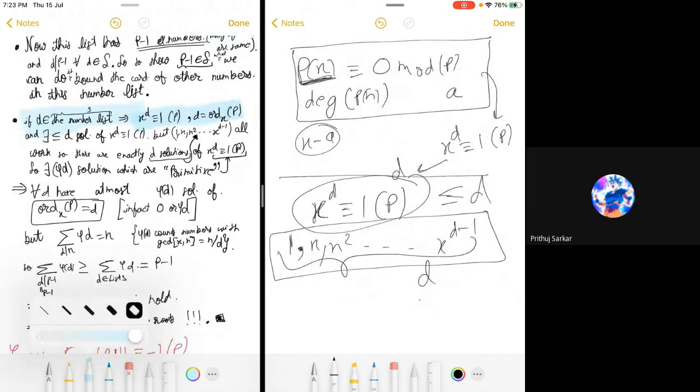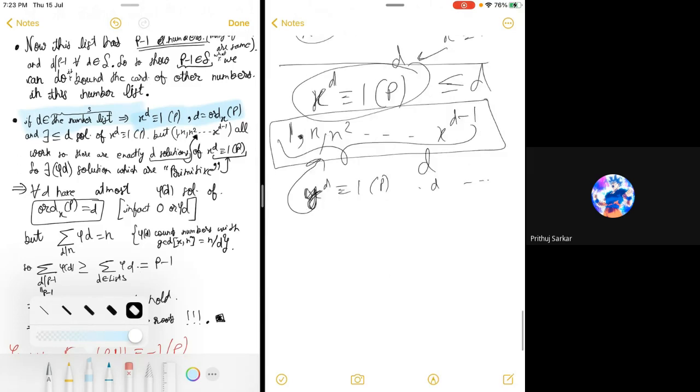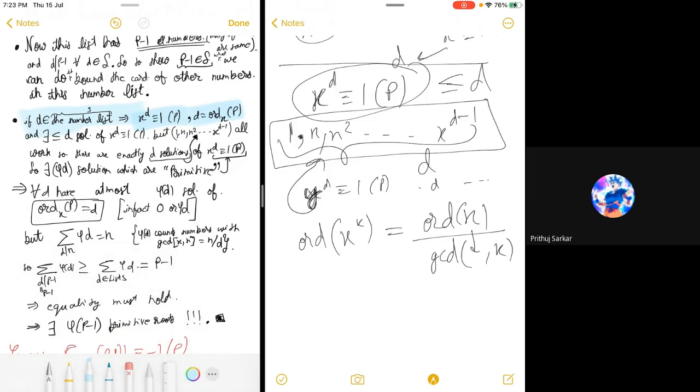Okay, so for what values of y will y to the d be congruent to 1 modulo p with d being the order? So y will be among this set, and we also know that the order of x to the k is exactly equal to the order of x divided by the GCD of this order and k, which we proved earlier.